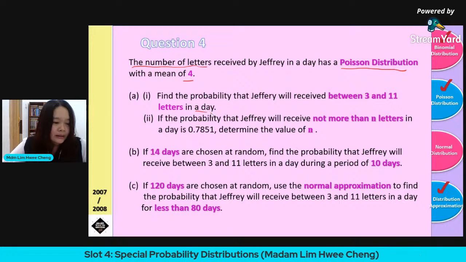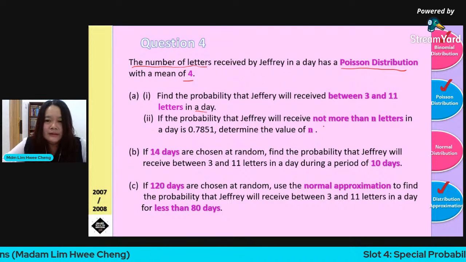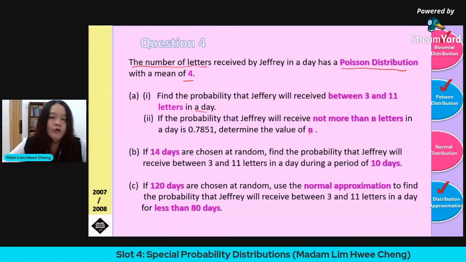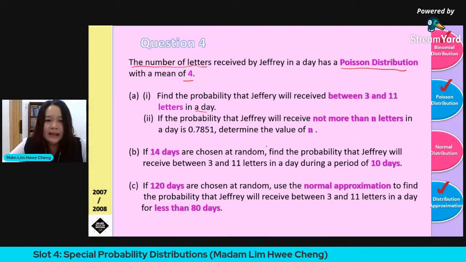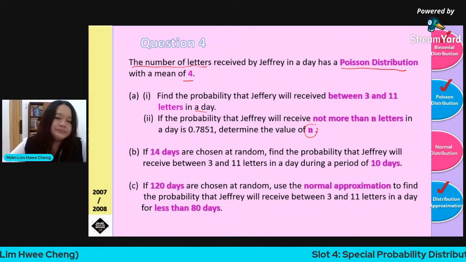Okay, in a day. If the probability that Jeffrey will receive not more than n letters in a day is 0.7851, determine the value of n. Okay, not more than n adalah 0.7851, cari bilangan letter.